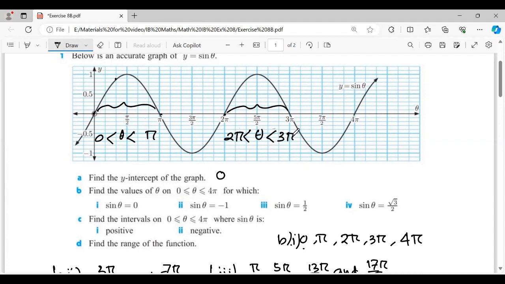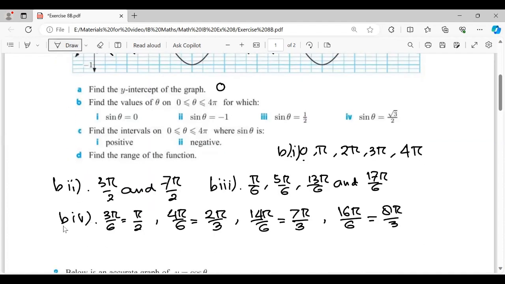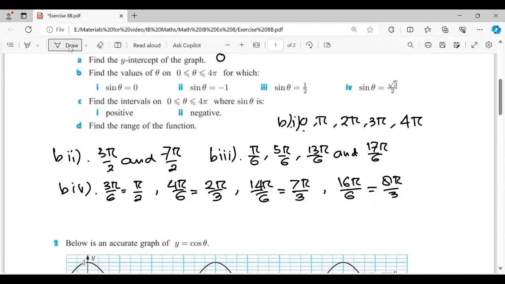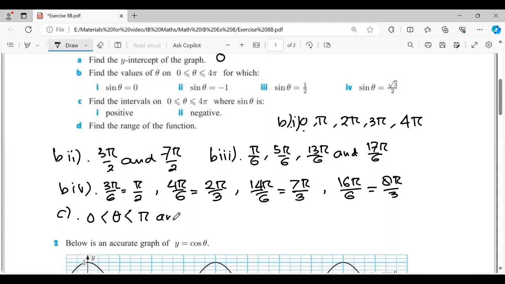So C1: theta greater than 0, less than pi, and theta greater than 2 pi and less than 3 pi.